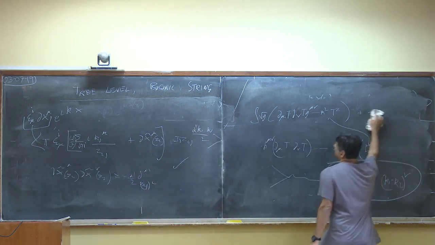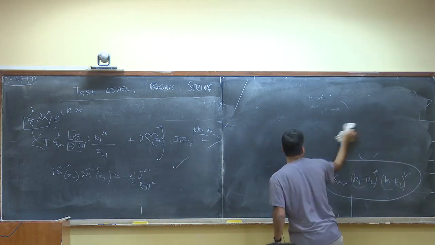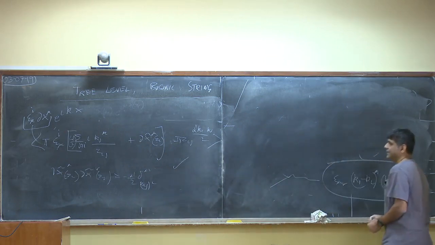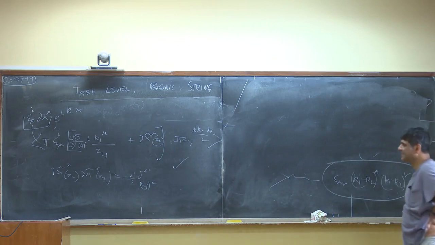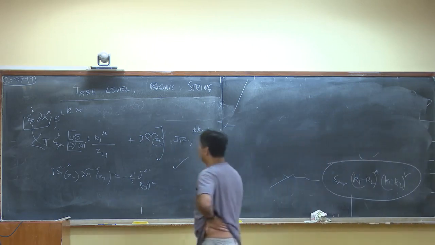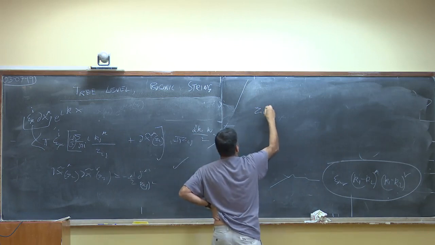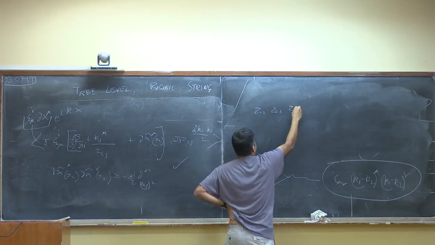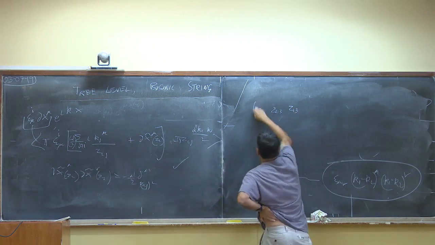Now it's important to keep in mind that we have both left and right movers. Okay, so what do we have? First let's do this part. First we have Z12, Z23, Z13, and I'll write everything.